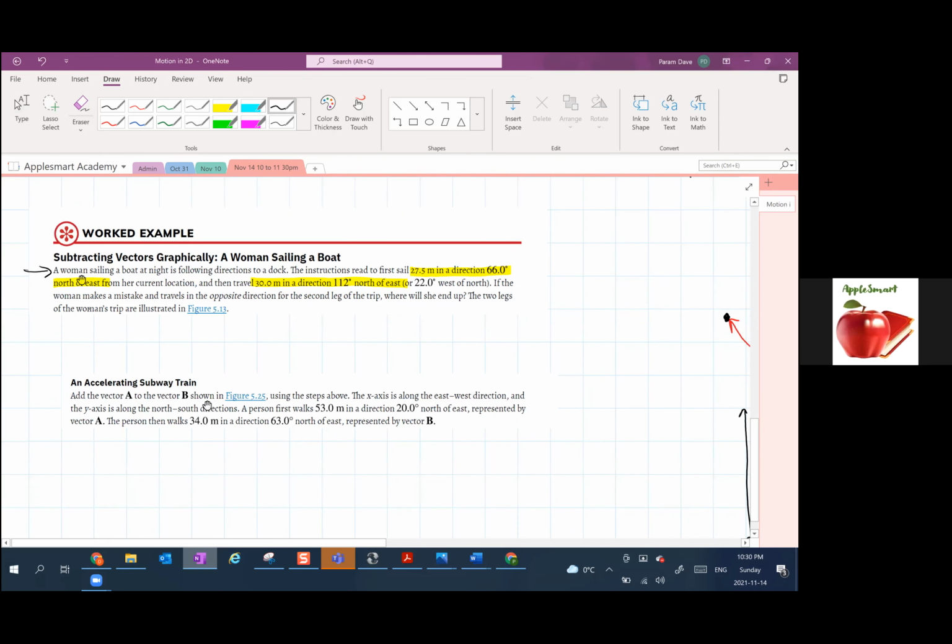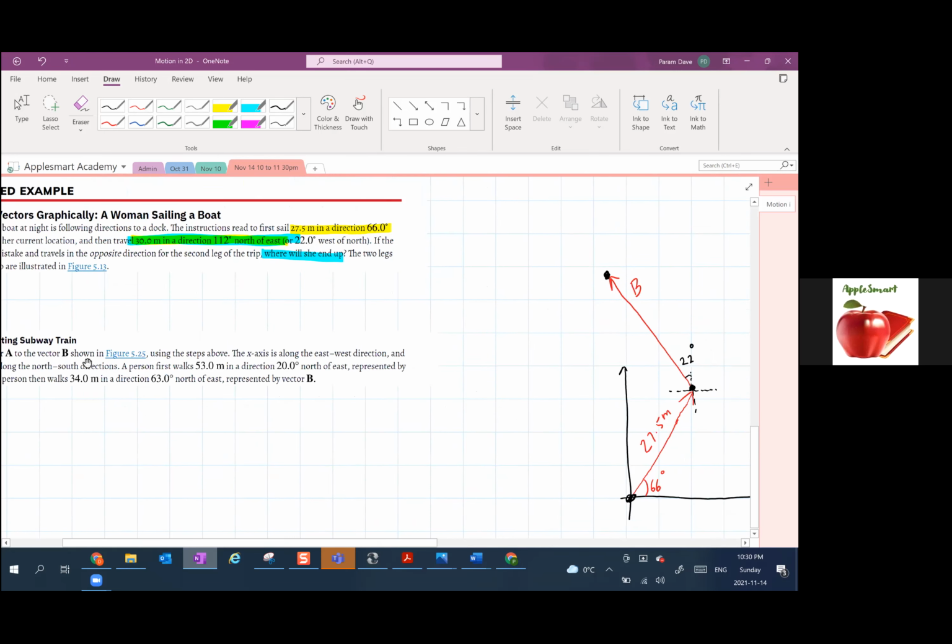Okay, if the woman makes a mistake and travels in the opposite direction for the second leg, which is this one right here, she makes a mistake. By mistake, she goes in the exact opposite direction to where she should be going. Now basically, where will she end up?